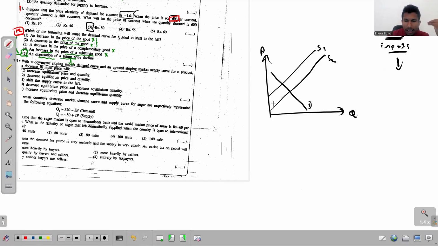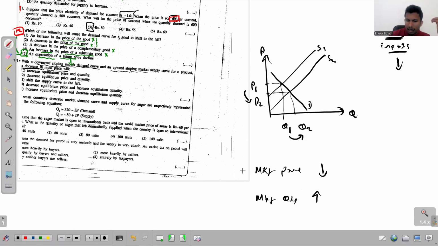Based on the initial demand and supply curves, this is the market price and this is the market quantity, and based on the new demand and supply curves, you recognize the new market demand and market supply. You know what will happen? The market price drops, whereas the market quantity increases.